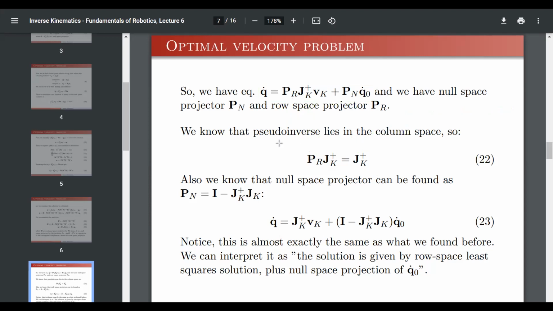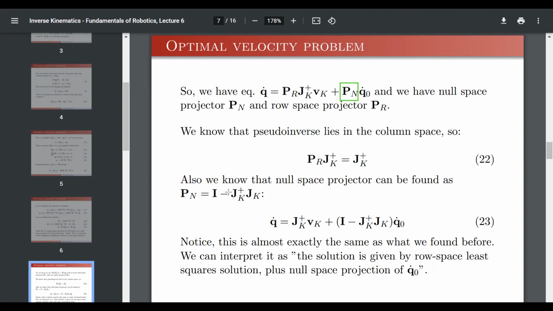Now, notice what we obtained here: this expression does not need P_R. So we can go to expression 23. But before we go to 23, let me also do one more. Remember, P_N is a null space projector.